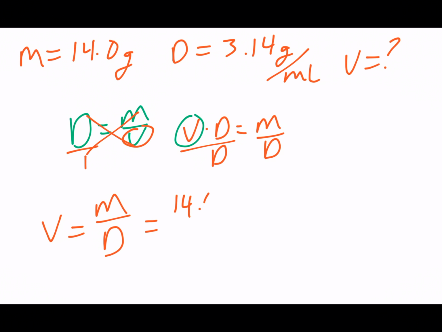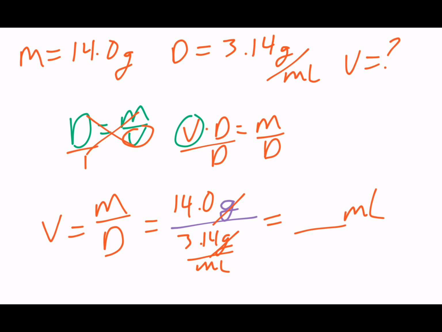So then I have 14.0 grams, yep, I need to see that grams there, divided by 3.14 grams per milliliter. Your grams cancel out, and you end up with milliliters. And since I have 3 sig figs here and 3 sig figs here, I need 3 sig figs there.